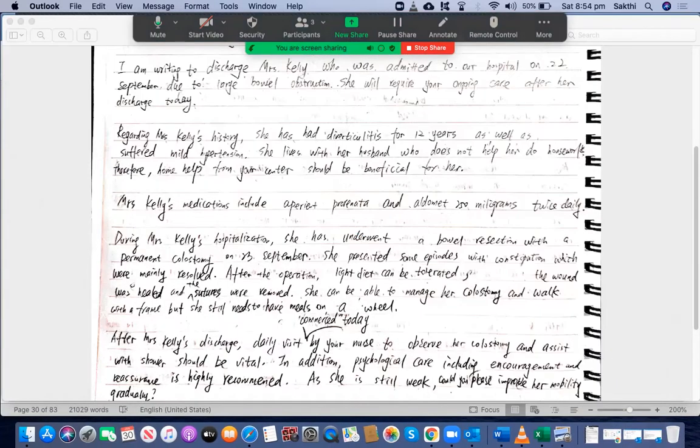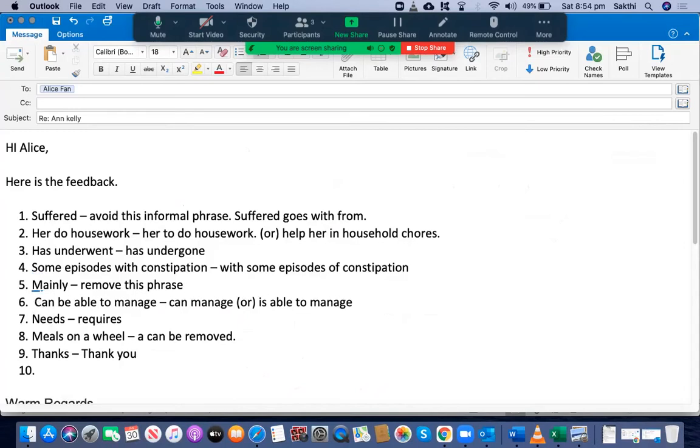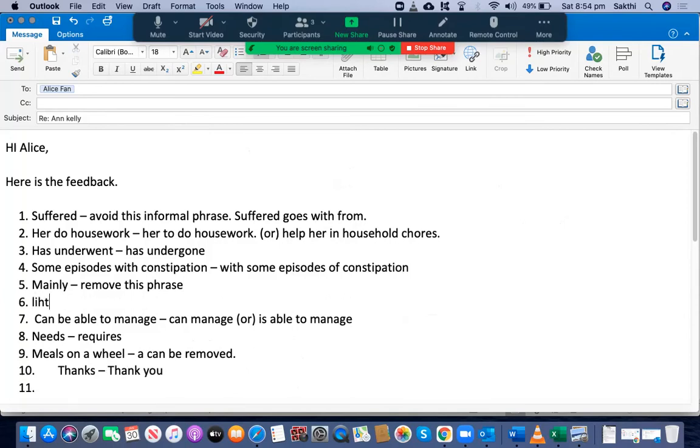So you should have got can be able to manage before that. This one should be moved to the next sentence. Okay, that's right.